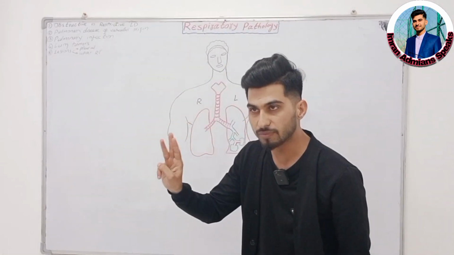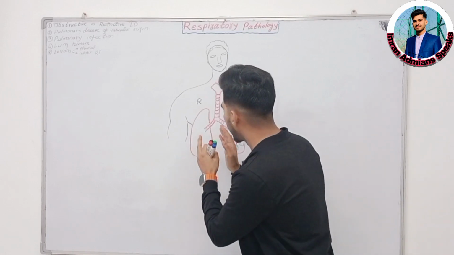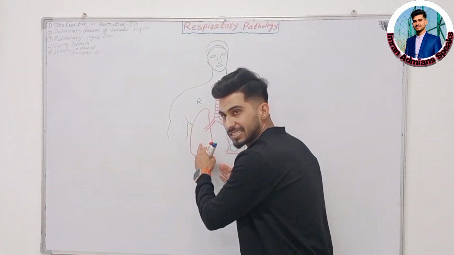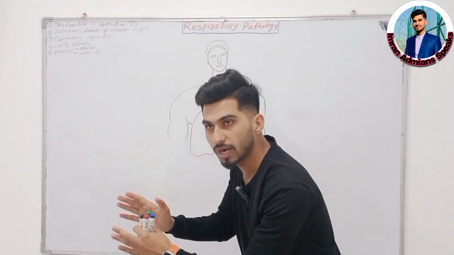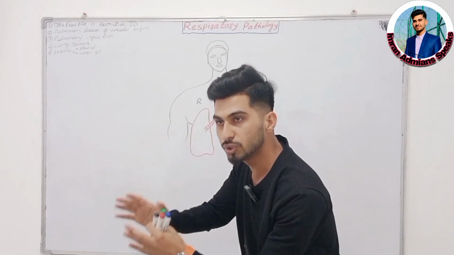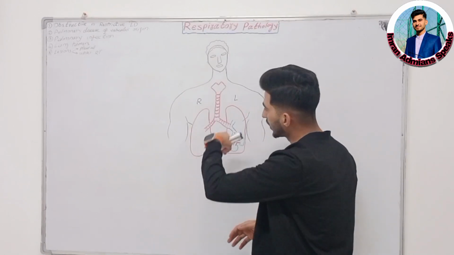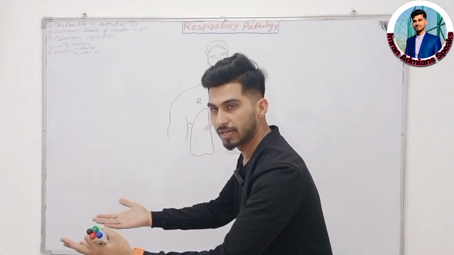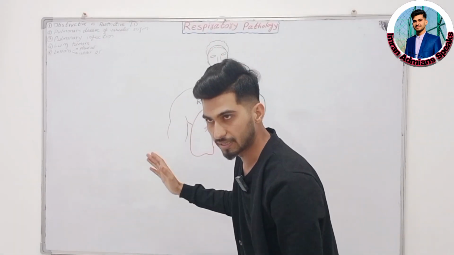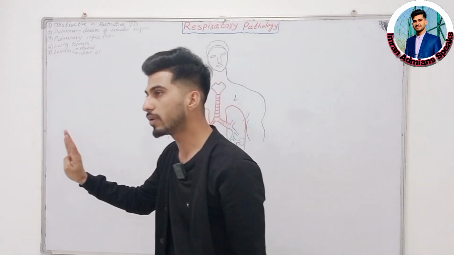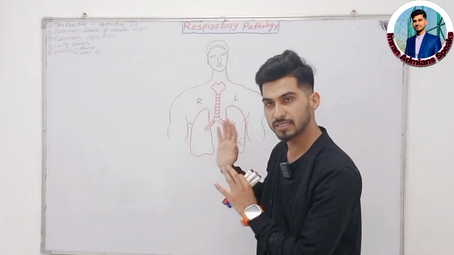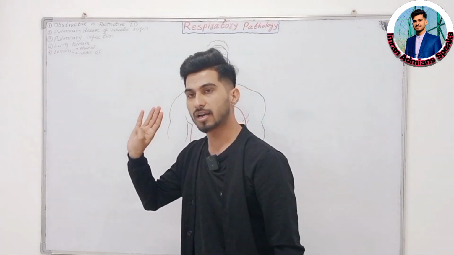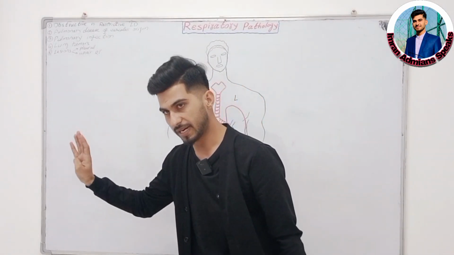Number three: the diffusion of oxygen from the blood into the tissues, and removal of carbon dioxide from the tissues into the blood and then out during expiration. Number four: the regulation of respiration.